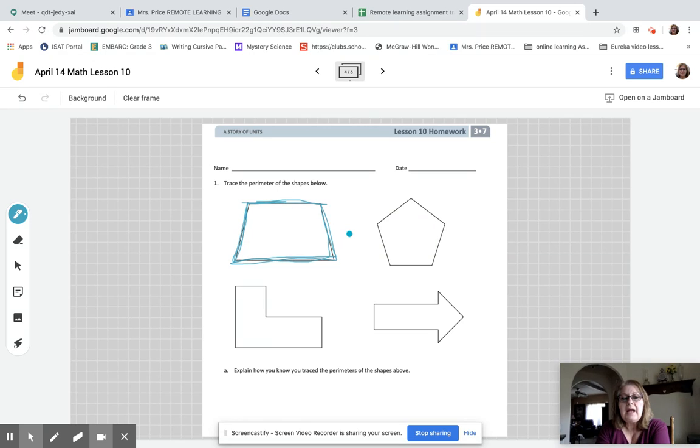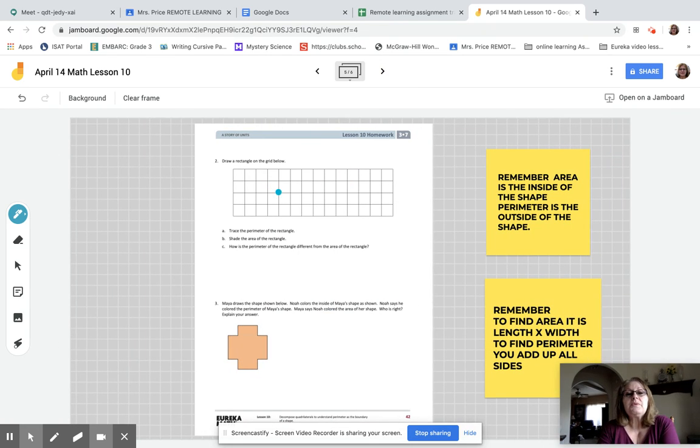Okay? And then the second one says, explain how you know you trace the perimeter of the shapes above. Well, how do you know you trace the perimeter? What is perimeter? That's all you have to do to answer that question, is tell me, what is perimeter? Perimeter is the outside of the shape, right? You add up all sides. Perimeter is the boundary of the shape.